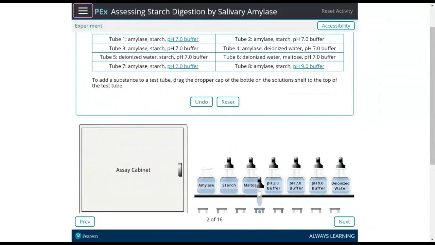So tube 4 gets amylase, DI water, and pH 7. Tube 5, DI water, starch, pH 7.